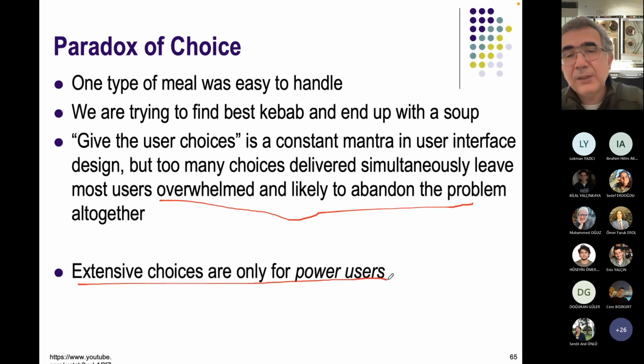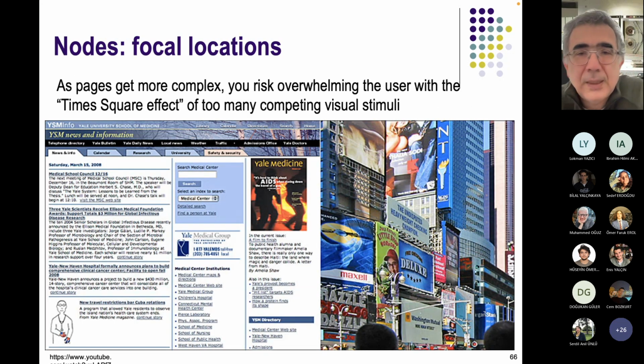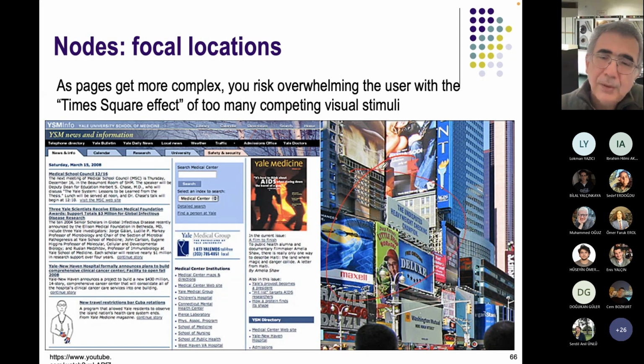For beginner users, for first-time users, extensive choices are not actually looked for. Such as this. If there are a lot of complex elements in the scene like this, you don't know where to go because there are too many things. It is called the Times Square effect. Too many competing visual stimuli. So if you put too many things together, people don't know what to look at.